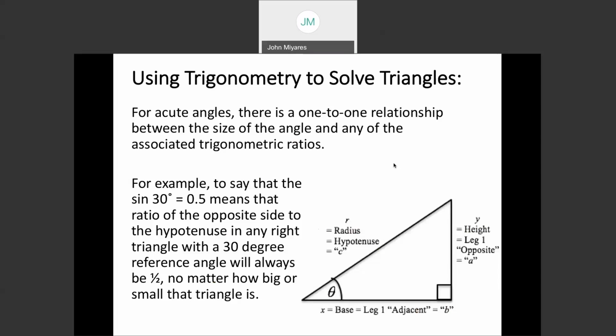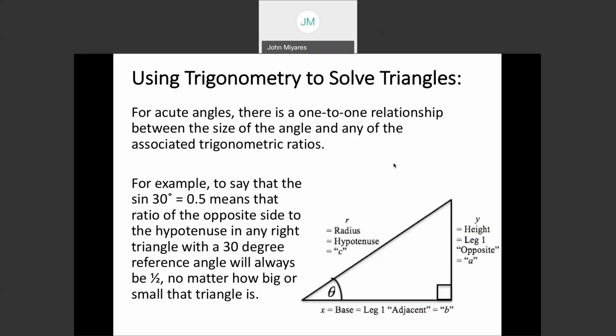Another way you can look at this is to say, well, if I have the sine of 30 degrees equals 0.5, it means in any right triangle that has a 30-degree angle in it, the ratio of the leg opposite the 30-degree angle to the hypotenuse will always be 1/2, no matter how big or how small the hypotenuse is.